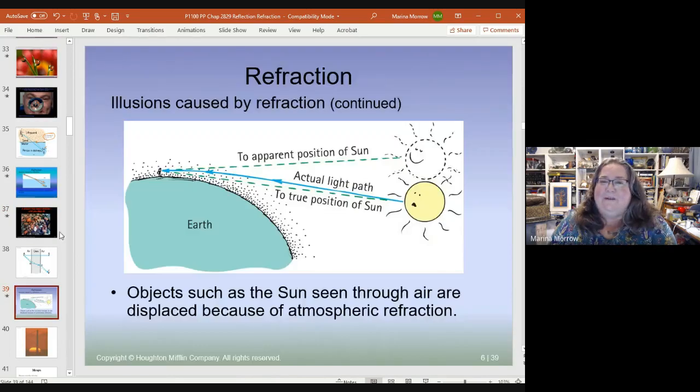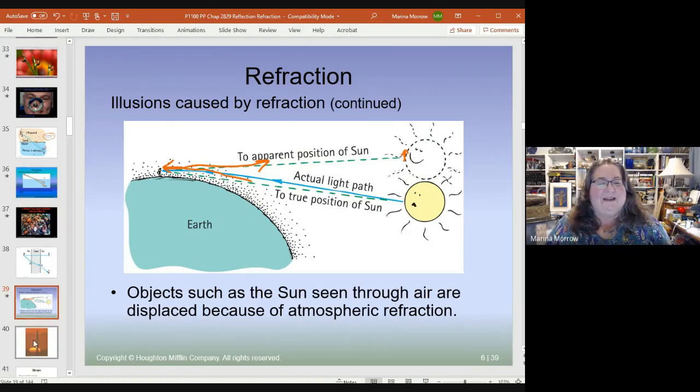Now, we already talked about refraction with sunlight. At sunset, it actually will curve around the planet because the different densities of atmosphere cause the light to refract. And so your eyeball follows it backwards and sees the sun higher up in the sky than it actually is.